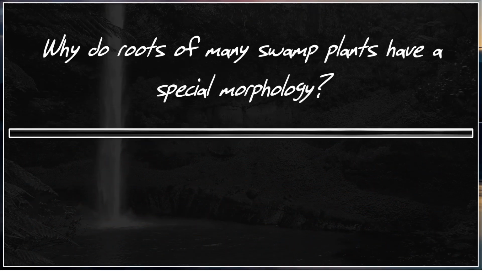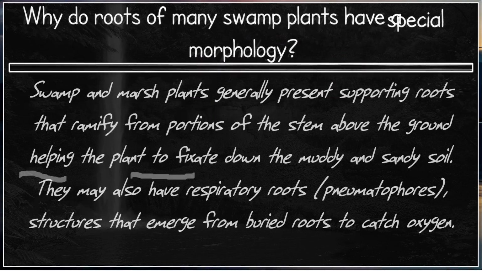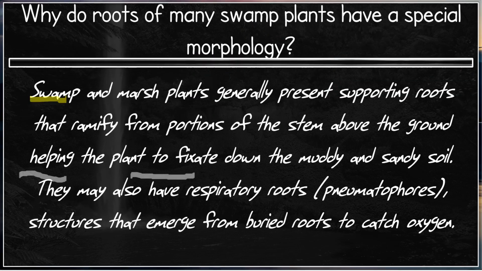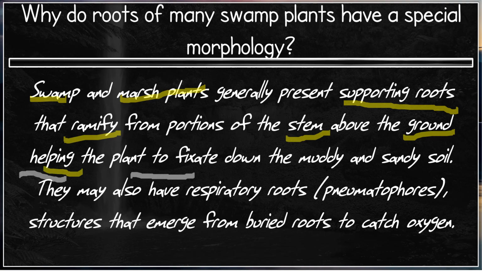Why do roots of many swamp plants have special morphology? Swamp and marsh plants generally present supporting roots that ramify from a portion of the stem above the ground, helping the plant to fix down in the muddy and sandy soil.